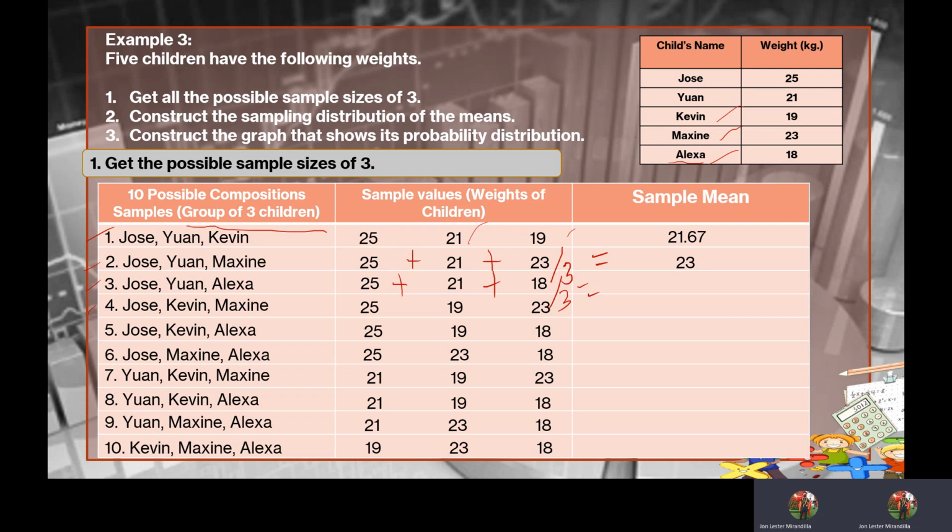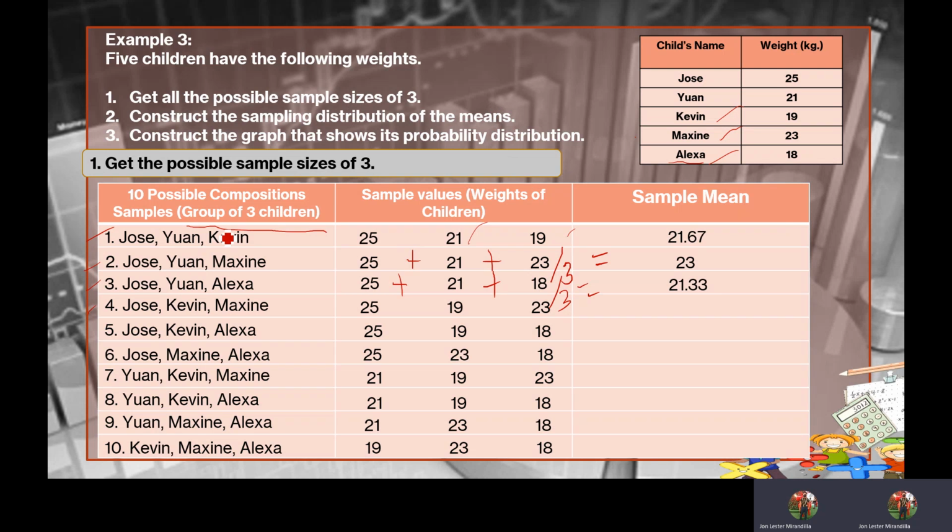Anyone? 21.6667 yung dulo... Okay, bakit ganun? 25 plus 21 plus 18 divided 3 is equal to, okay, 21.3333 pala. So, 33 bar yan. So, 21.33 na lang gamitin natin.